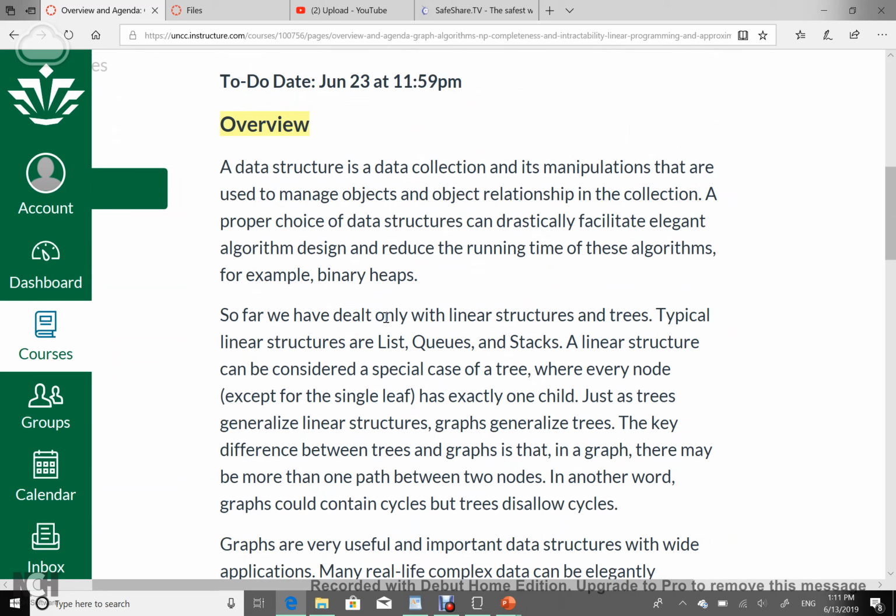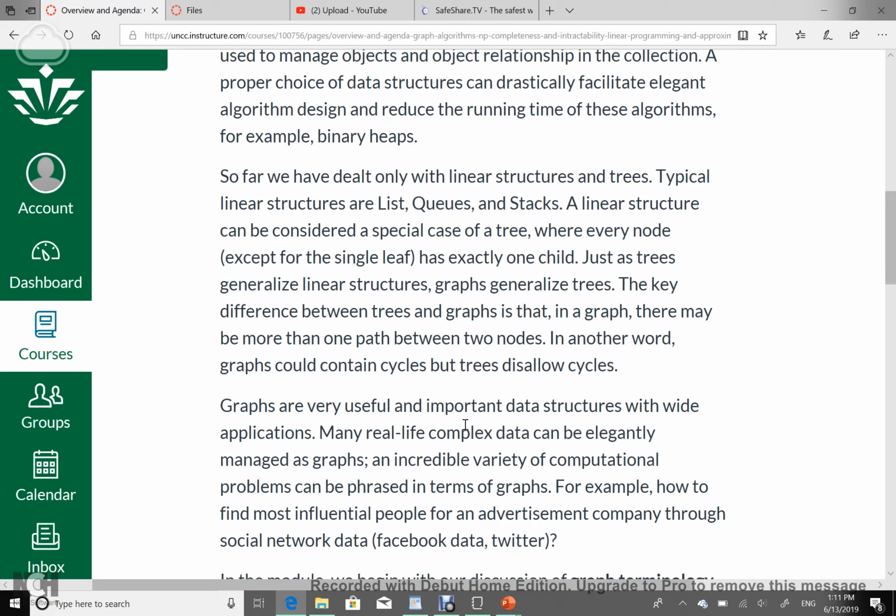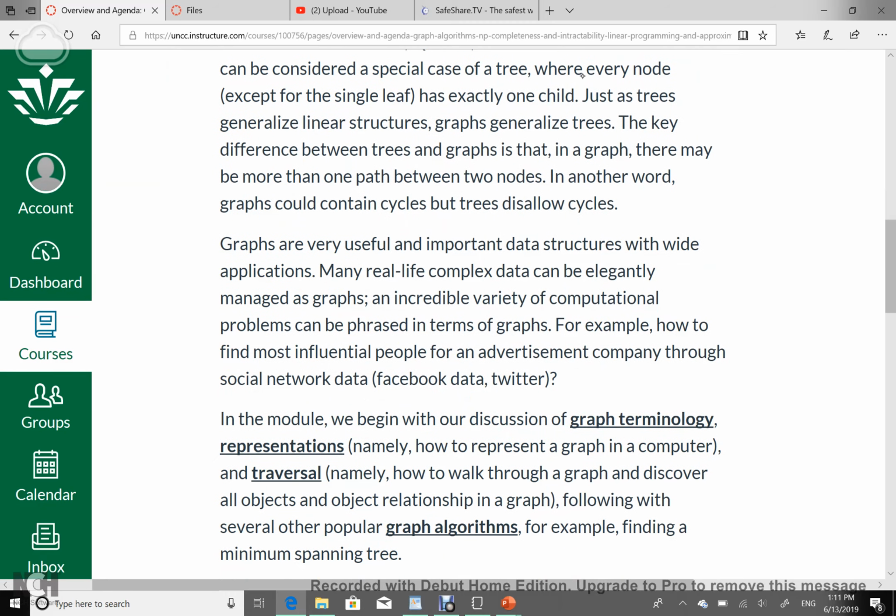So far, we have dealt only with linear structures and trees. Typical linear structures are lists, queues, and stacks. A linear structure can be considered a special case of a tree, where every node except for a single leaf has exactly one child.